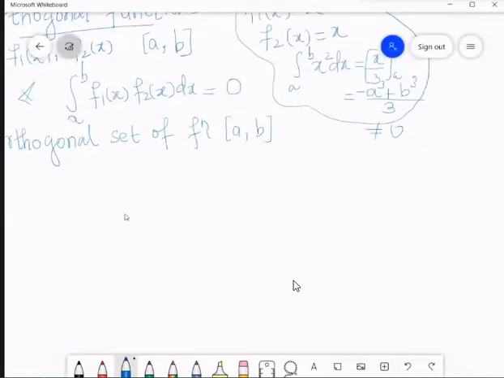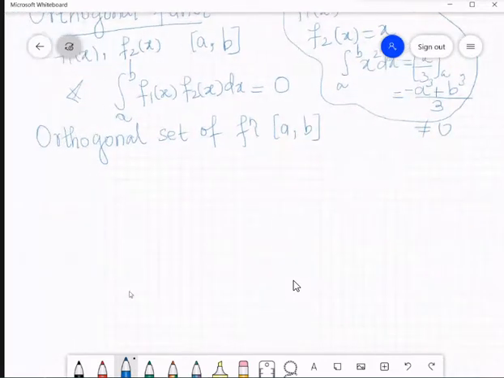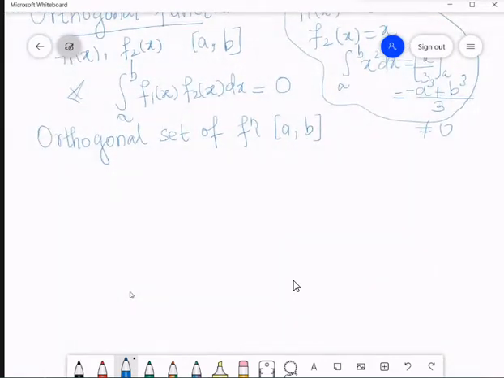If I have a set of functions in which I have f1, f2, and f3, three functions, then how do I say that this set of functions is an orthogonal set of functions? How will I say that?